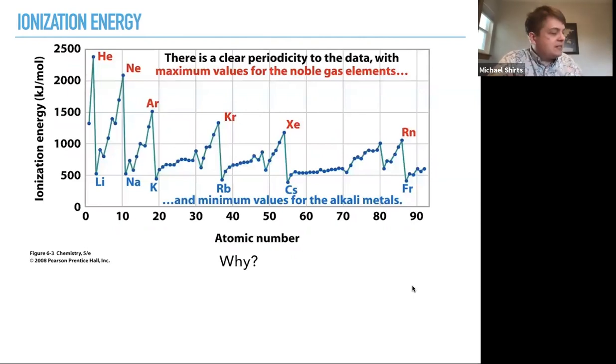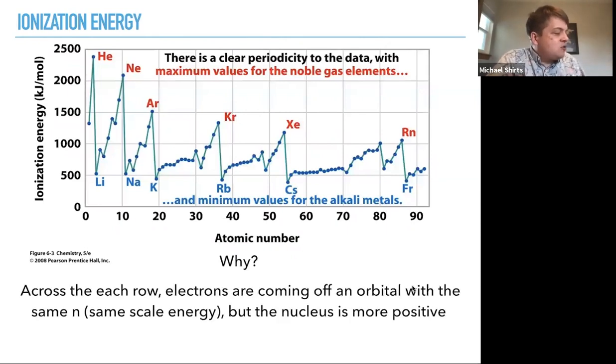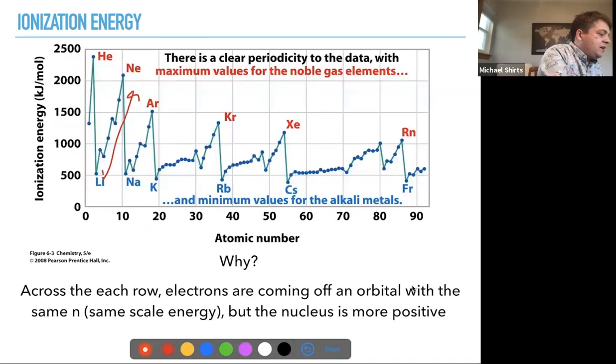So why do we see this pattern? Across each row, electrons are coming off an orbital with the same n, but the nucleus is more positive. So as we go across a row, from lithium to neon, they're all coming off of 2p orbitals. Those 2p orbitals are roughly isoenergetic, but the nucleus is more positive.